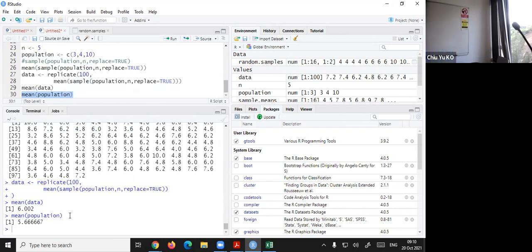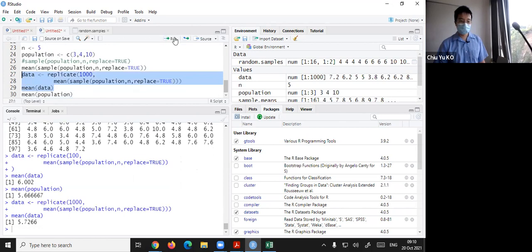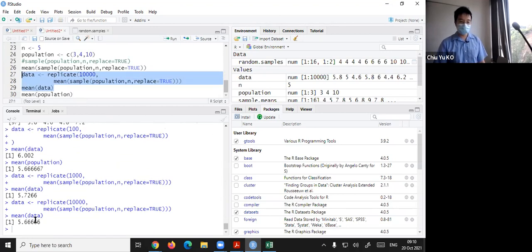A little bit far away, but let us do 1000 replicates, so the two should be very similar. Now it's much closer to this one. And maybe we can do 10,000. It's very close, you can see.